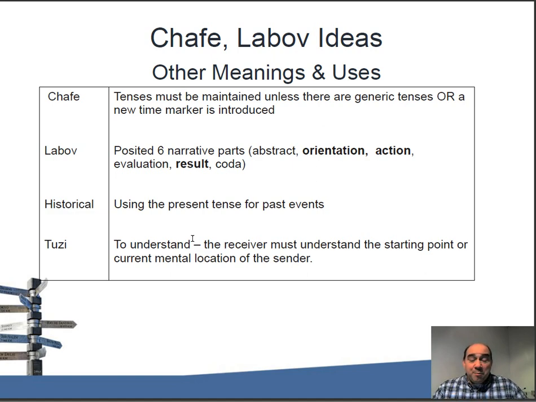Then there's the 2Z point, and that's the point I want to make, is in order for us to understand what's going on, we have to know where the receiver is in his head. We have to understand where this is, and then we can understand what's being said. At the same time, if I can understand where I am as a language speaker, I can begin to switch between tenses and times more easily. The important thing is to know where I am when I'm speaking.